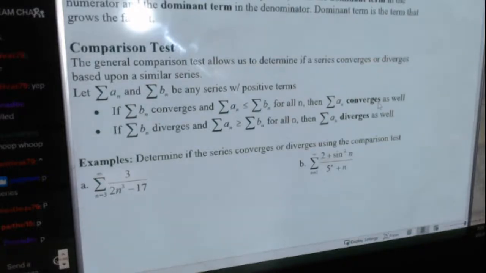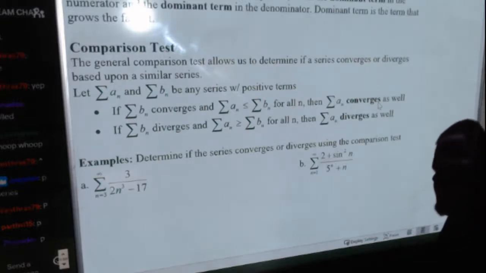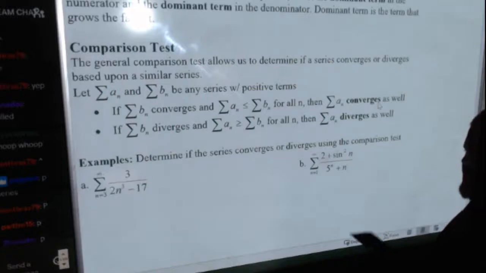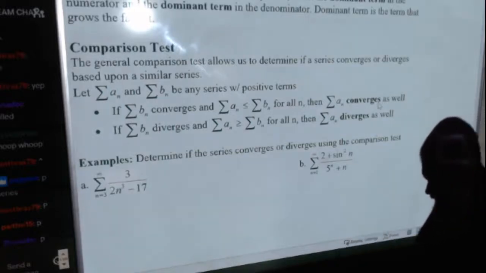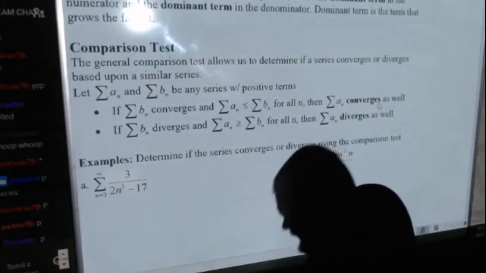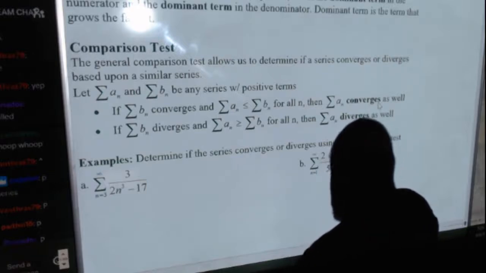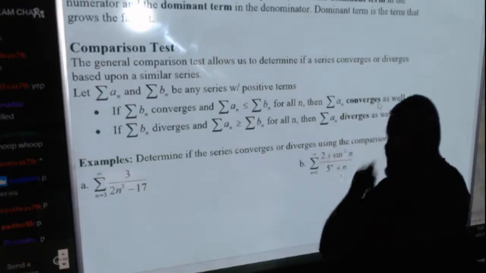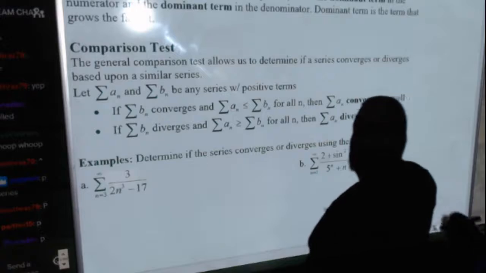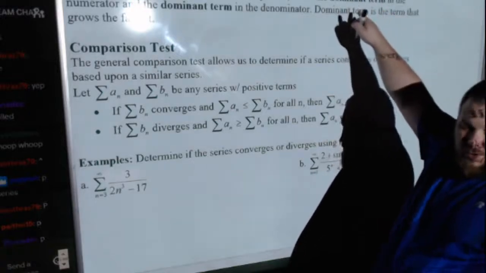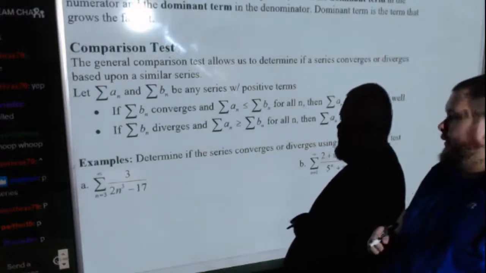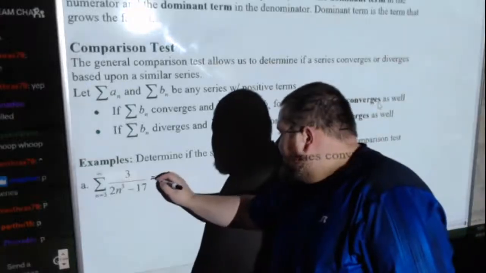So the first one, we're given 3 over 2n cubed minus 17. So I need to find a series that is closely related to that. And remember, we're taking the dominant terms. So this is a sub n.